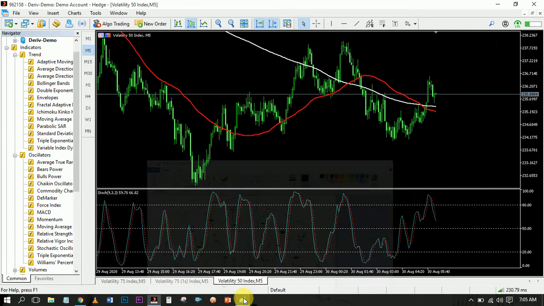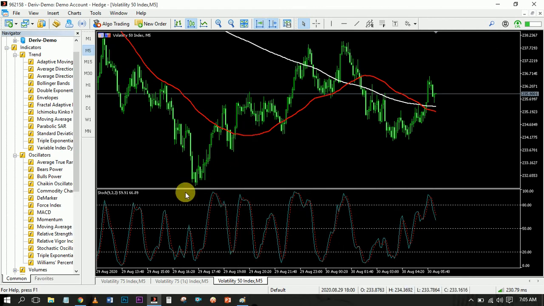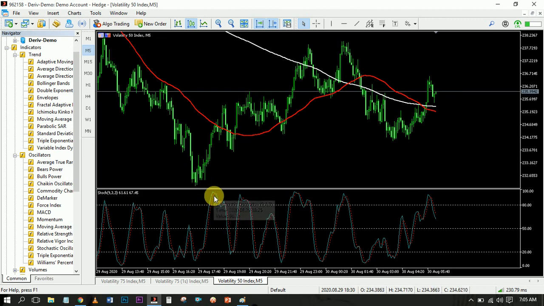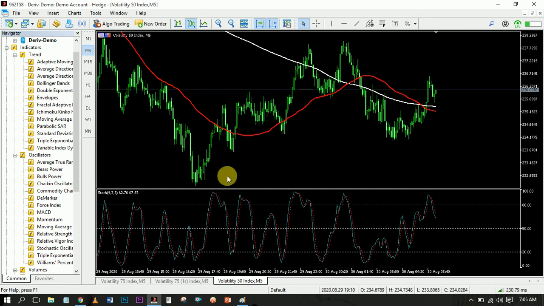So for your entries, you can make use of a stochastic. For a downtrend, it will give you an overbought condition, so that you can sell at the beginning of the continuation of the trend to the downside.